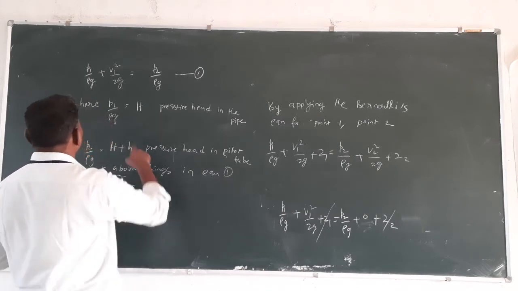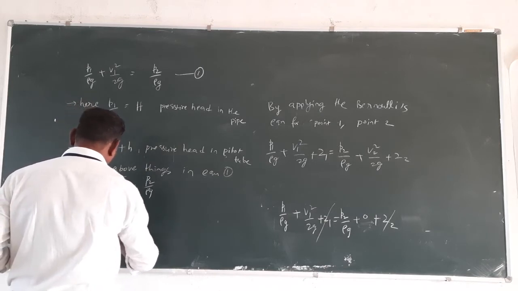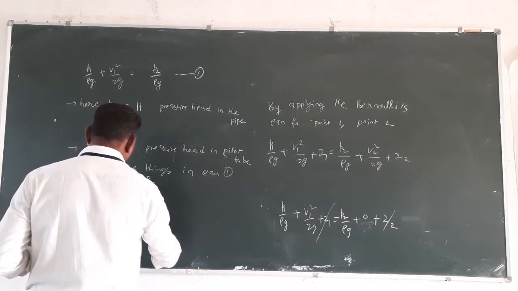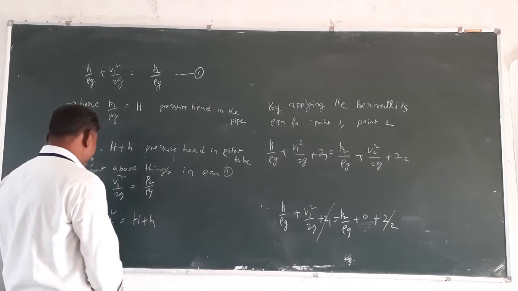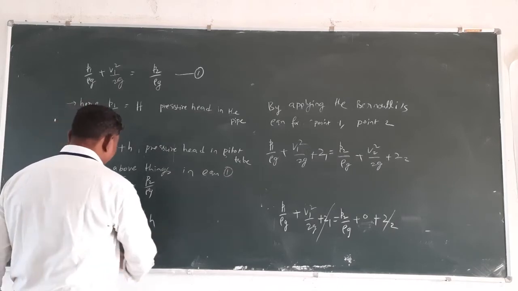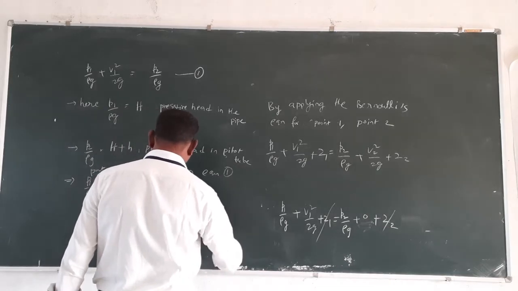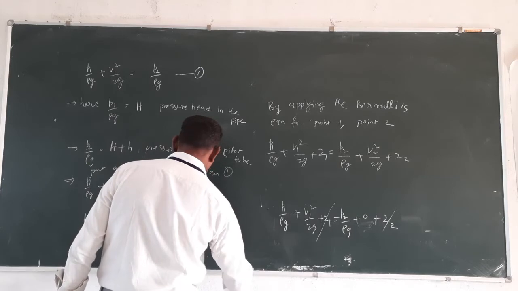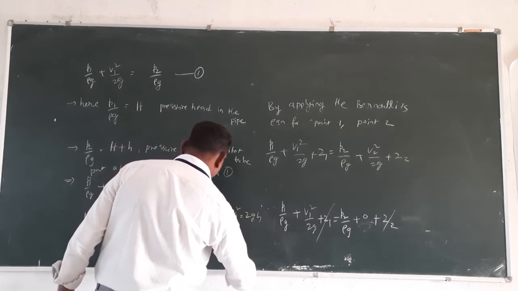P1 by rho g is equal to H, and P2 by rho g is equal to capital H plus small h. Capital H gets cancelled. So V1 square by 2g is equal to small h. Implies V1 square is equal to 2gh.